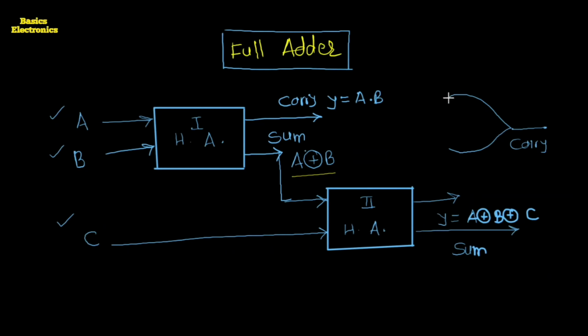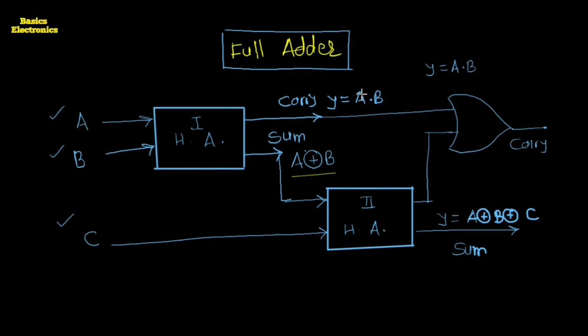These two carries we apply to the OR gate, and the output of the OR gate is the final carry. I am going to write down the final carry equation here: y equals A dot B.